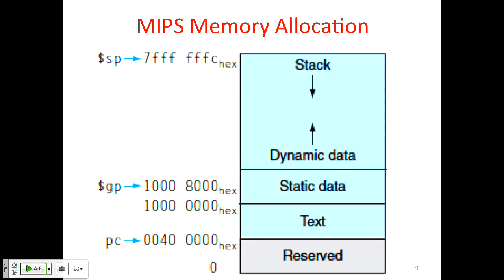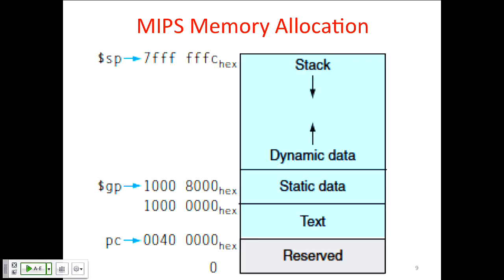Actually the program does not start right at 0 address. There's a little piece that's reserved here. And one of the reasons this is reserved is that it's illegal to access that piece of memory. So if your program tries and touches addresses around 0, you'll get an error, a segmentation fault.